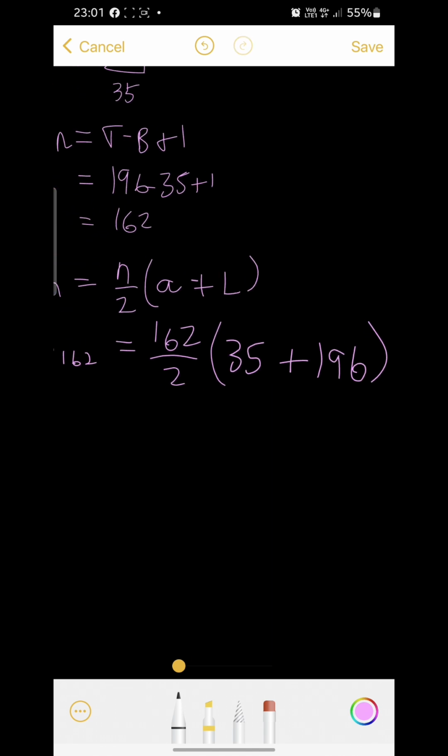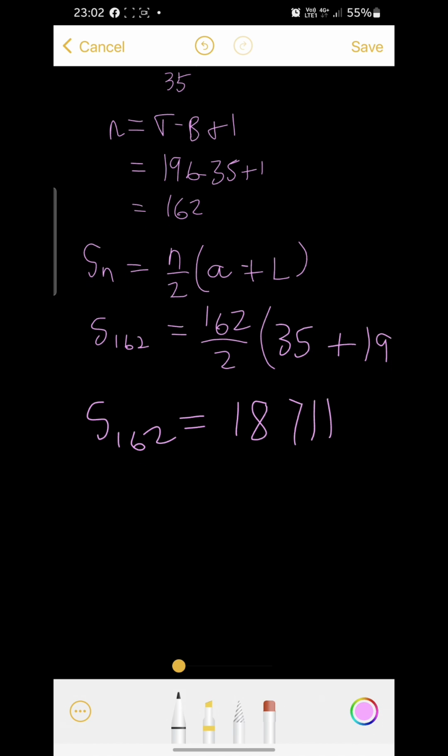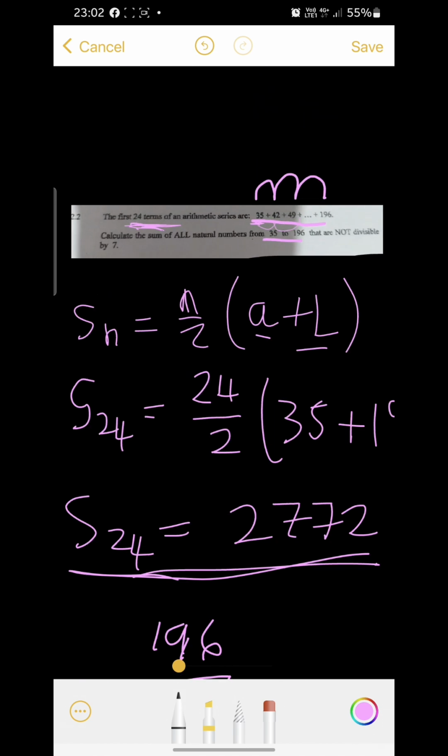And then we just punch that into our calculator. Then we get S162 is equal to 18711.